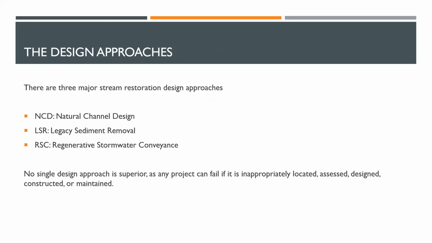There are a couple of different design approaches, as I alluded to earlier. These are natural channel design, which was really most common back when the original expert panel was formed. Recently, we've seen a shift towards more legacy sediment removal projects and regenerative stormwater conveyance. RSC projects are really popular in urban areas because we have highly constrained sites, a lot of steeper slopes, things like that.